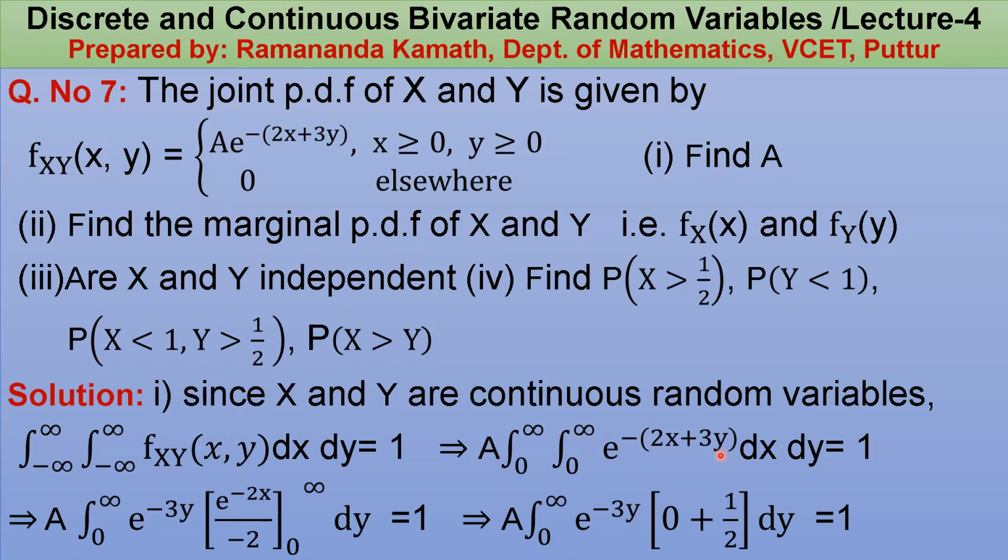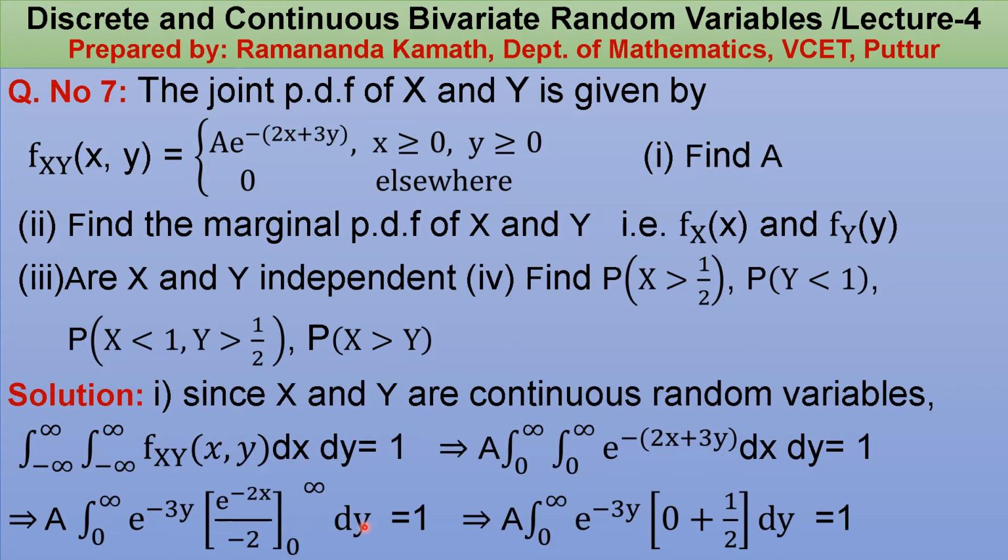Now first we will calculate the inner integral with respect to x. So this e power minus 3y which does not contain x can be kept outside that integral sign. Integrate this e power minus 2x with respect to x, which is e power minus 2x by the coefficient minus 2, difference at the upper limit infinity, lower limit 0, dy.